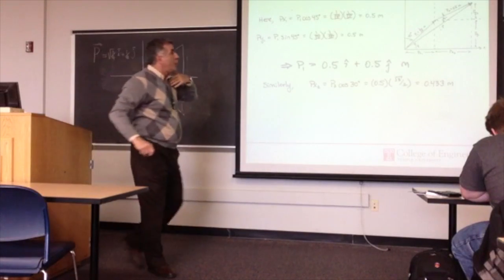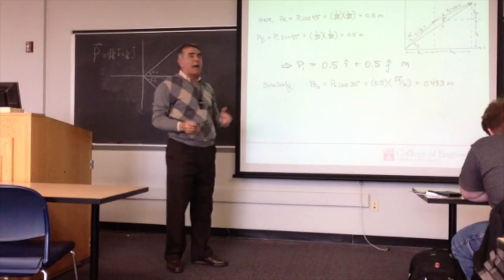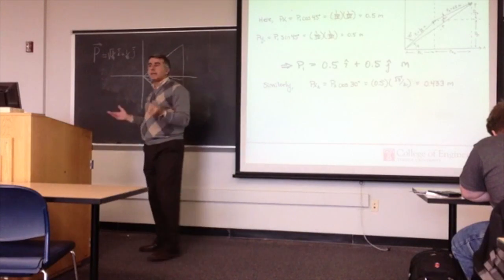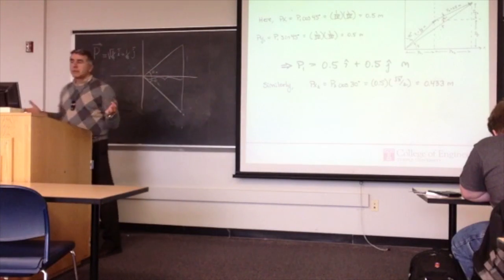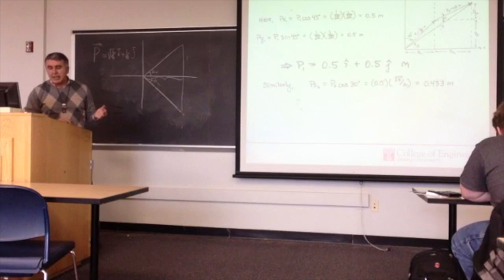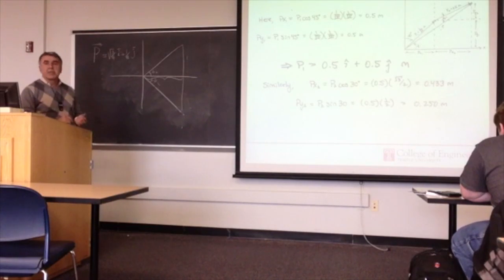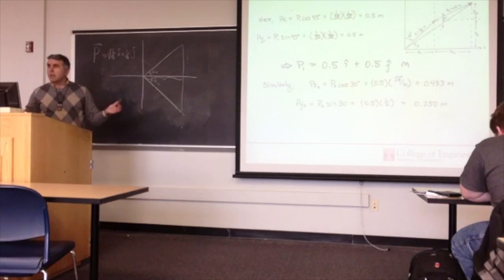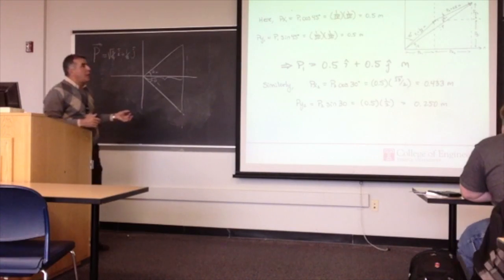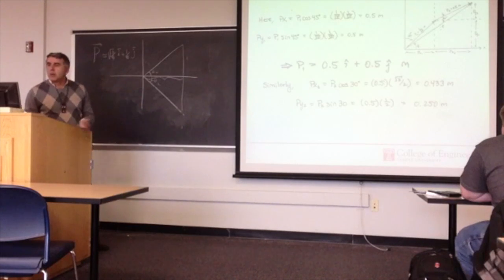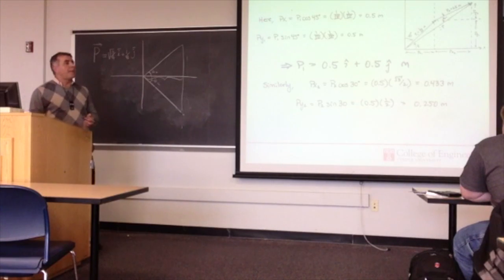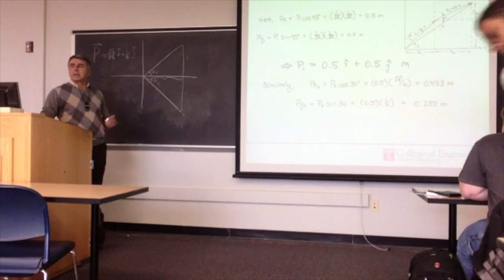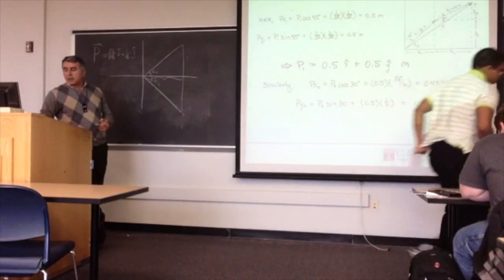So I can tell you that py2 should be half of 0.5, or 0.25 meters. Or you can use the sine, which gives you the same thing. Two ways. Doesn't matter. If you are good at finding the angles of triangles, either one will get you the same answer.